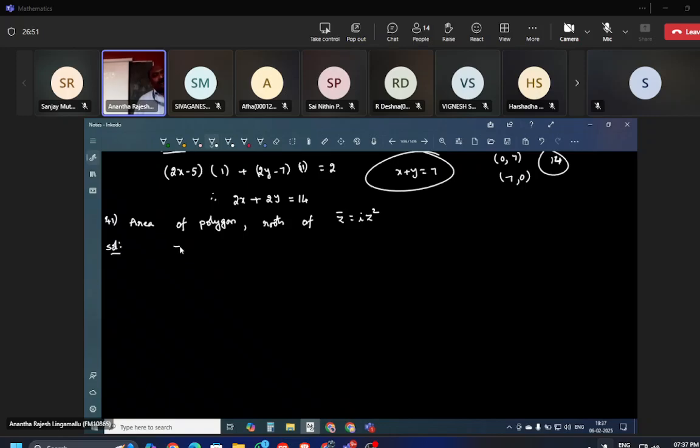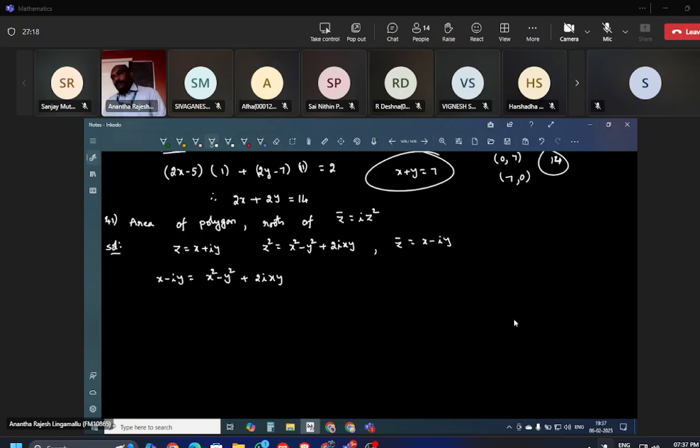Again, same logic. Z is equal to x plus iy. What is z square then? x square minus y square plus 2i xy. What is z bar? Substitute back: x minus iy is equal to i times (x square minus y square plus 2i xy). So two complex numbers are equal. Means what?